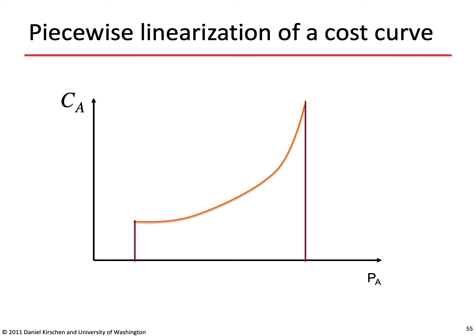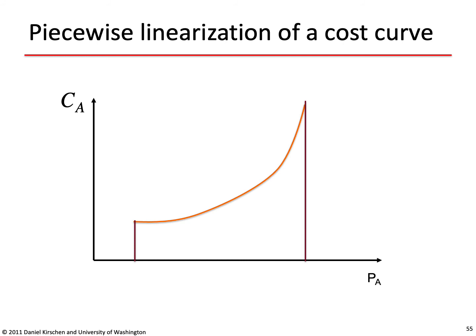Before going further, it's probably useful if I give a small example of what I mean by linearization. Let's suppose that we have a cost curve giving the cost of producing power as a function of the power output of a generator, and the cost curve I have shown there is obviously nonlinear.